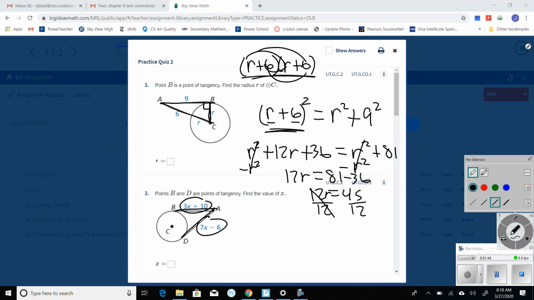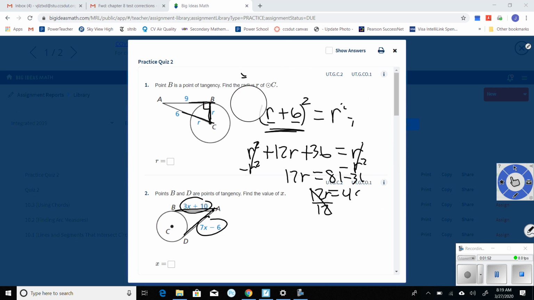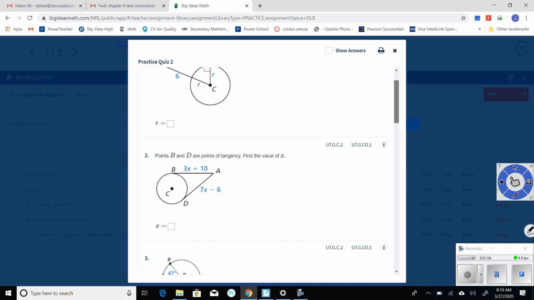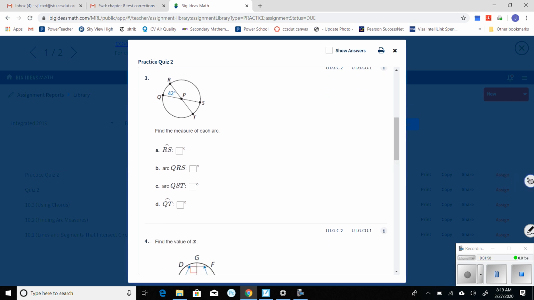Let's clear that and scroll down here a little bit. Number 3, it wants us to find the measure of arc RS. So RS is over here.